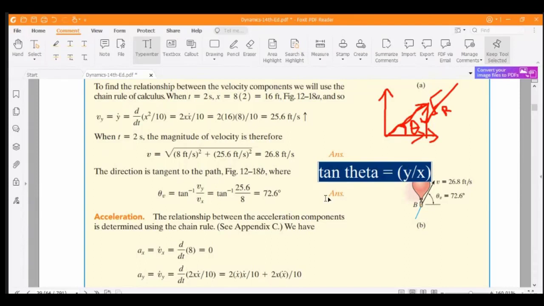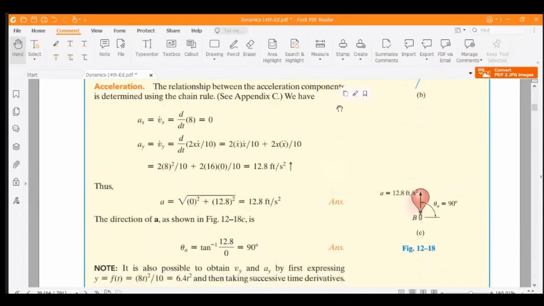Perpendicular by base. Okay, so tan theta. We know vy, we also know vx. So tan inverse of vy over vx will tell you the theta. That will be the direction of the velocity, which is 26 feet per second.